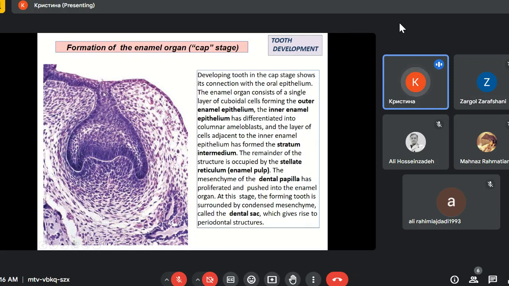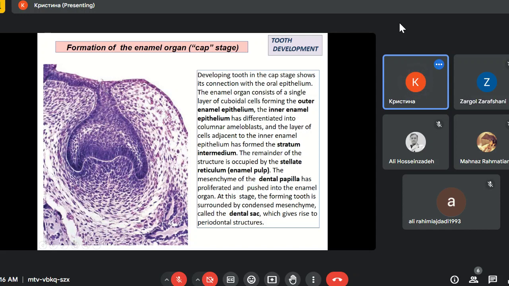All these parts of enamel organ are the epithelial tissues because they all develop from the epithelium of the oral cavity, with which they still are connected with the neck of the enamel organ here.